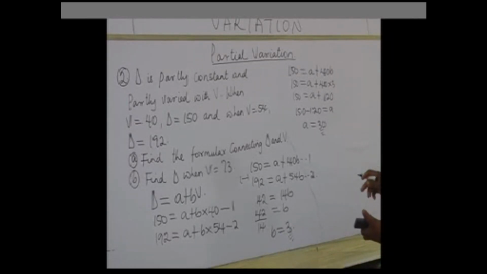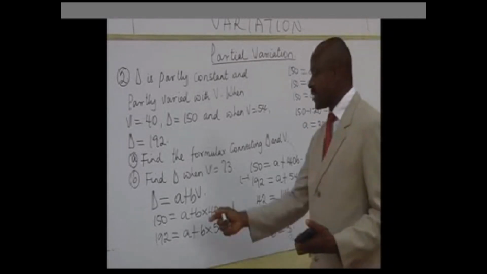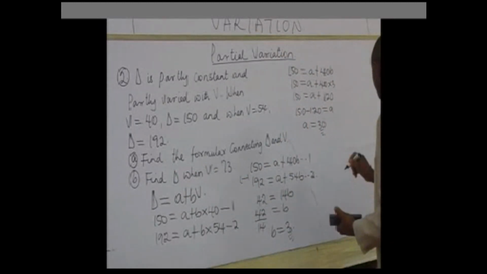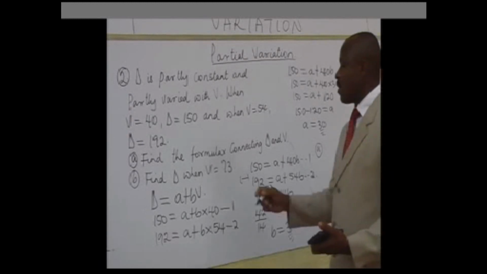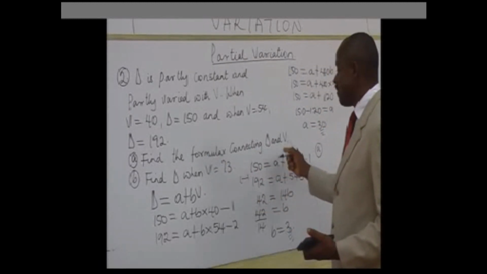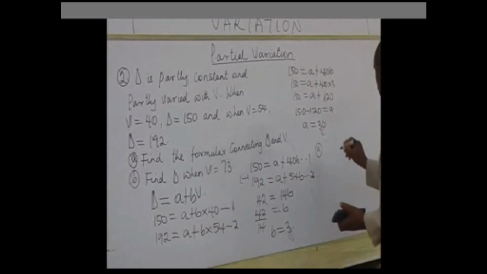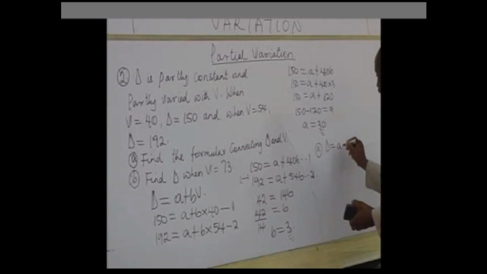As you have discovered the value of our two constants in our equation, we can now answer question number A. Question number A says that we should find the relationship connecting D and V. It's just very simple. Bring out this equation. The equation is D is equal to A plus BV.